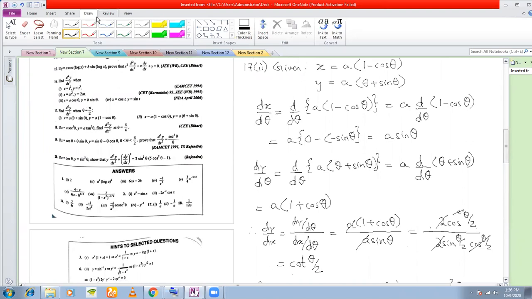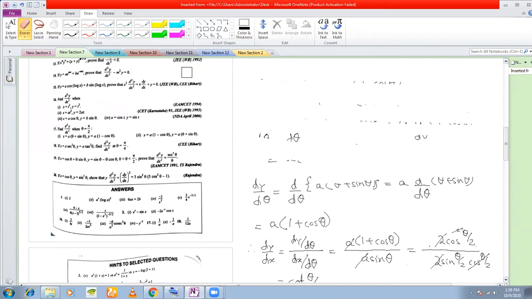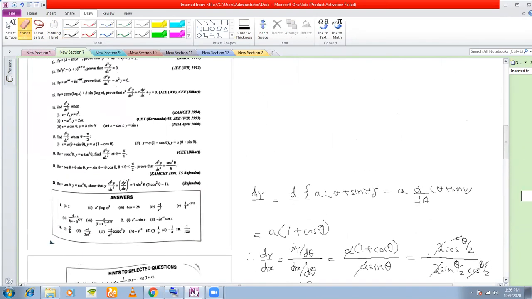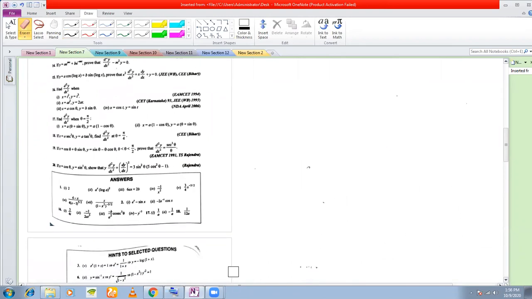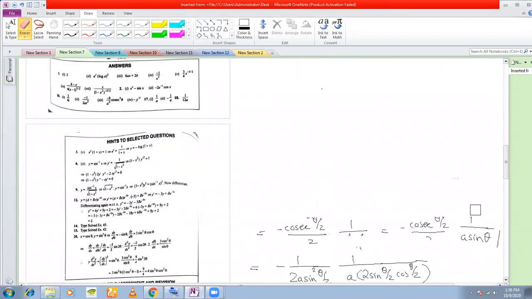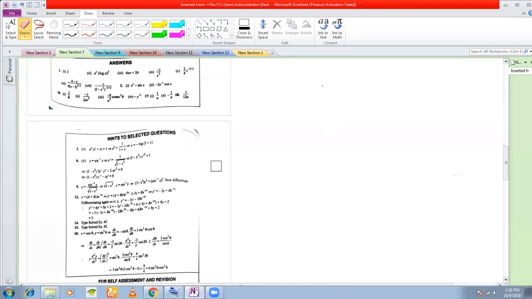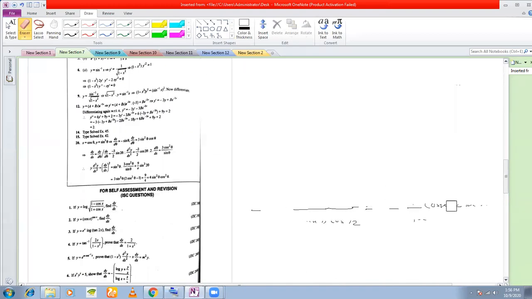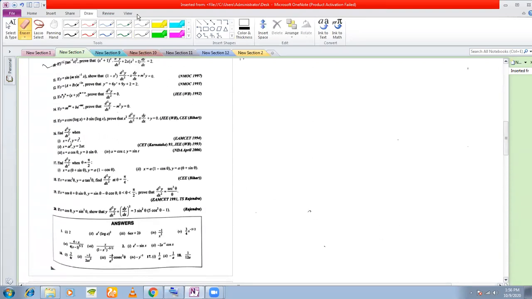Number 18. How to find out the value of d2y dx2 for a particular value of a parameter. Till now I have been finding d2y dx2. The next question deals with a particular value of theta being given, and then what will be that particular value of d2y dx2. Here you have number 18.